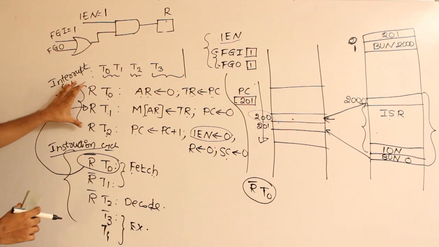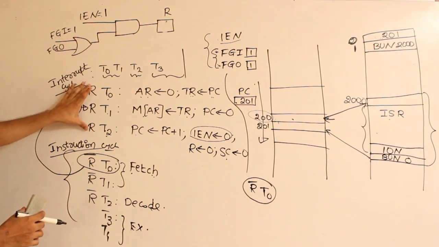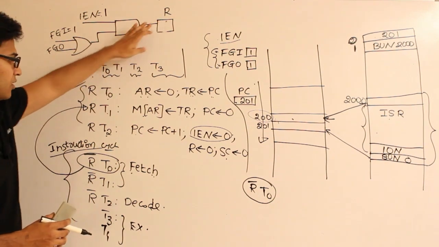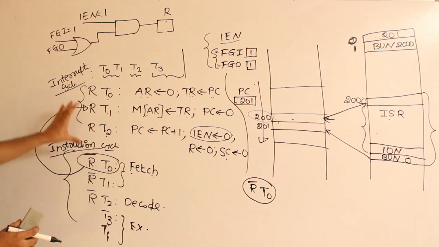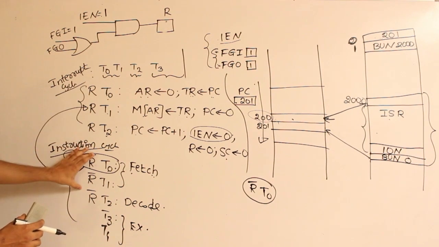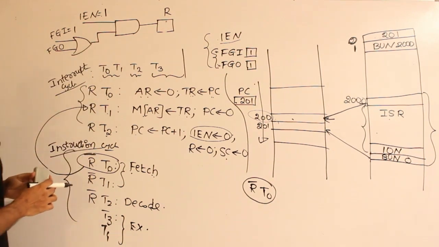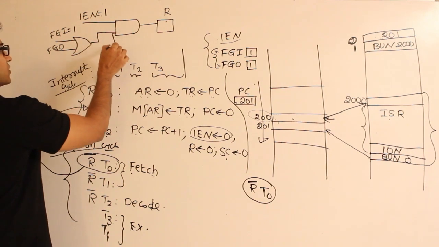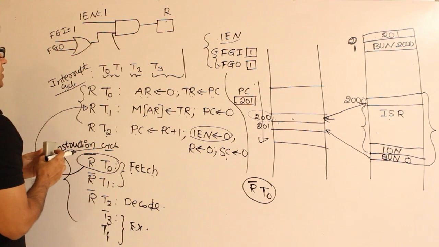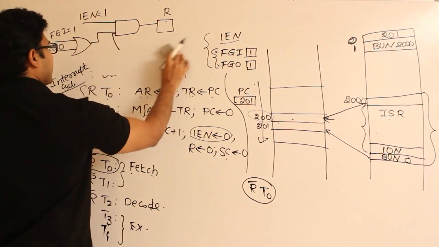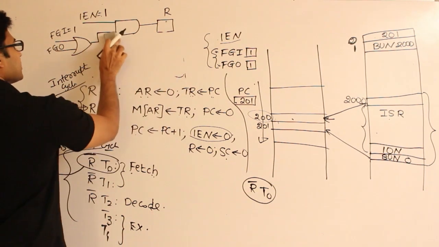So even if you get the IO request at any of these phases, you are not supposed to change the value of R, because there is a chance that you might jump from the instruction cycle to the interrupt cycle. For that reason, to this AND gate I'll apply these clocks also. So I want to see that this should not happen during these 3 cycles, right?